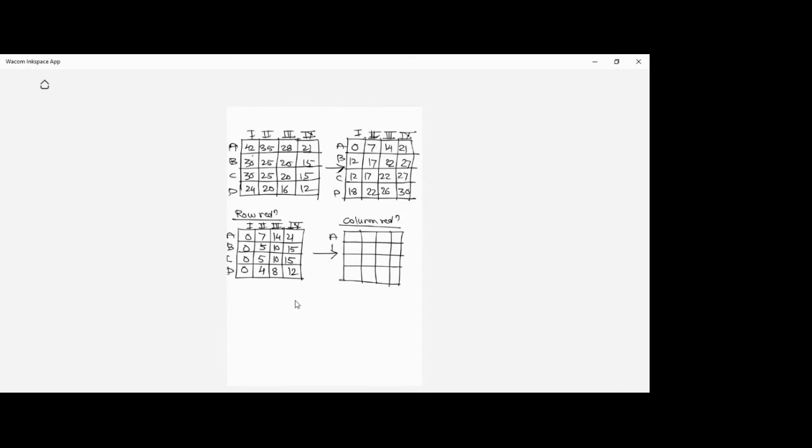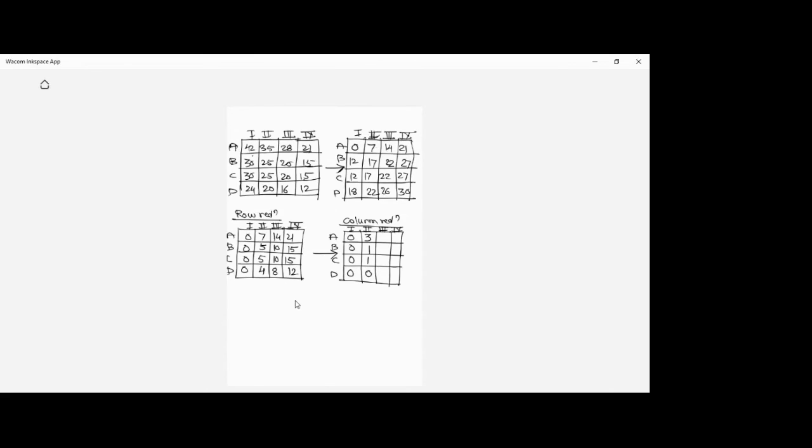Here we have A, B, C, D and here it is 1, 2, 3, and 4. In the first column the values will remain the same. Here the minimum value is 4, so it will be 3, 1, 1, 0, right? Next we have 14, 10, 10, 8.